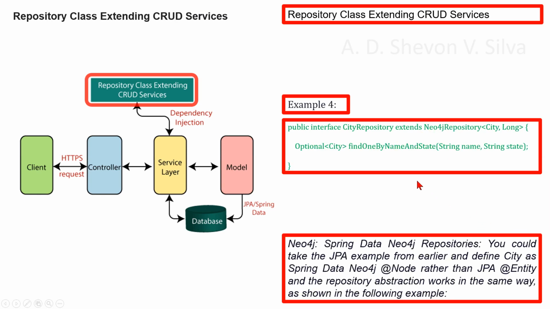Now we are considering Spring Data Neo4j repositories. You could take the JPA example from earlier and define City as a Spring Data Neo4j @Node rather than a JPA @Entity, and the repository abstraction works in the same way as shown in the following example. Spring Data includes repository support for Neo4j.